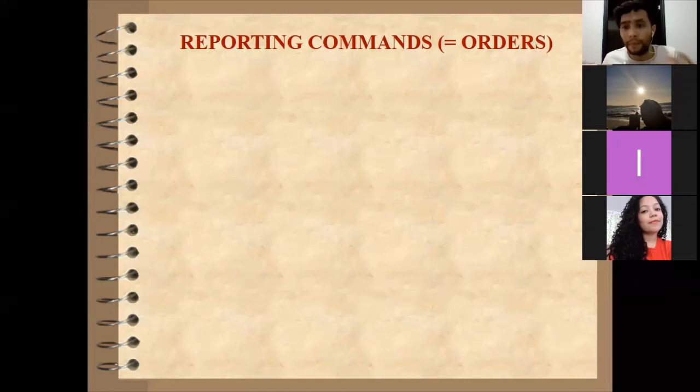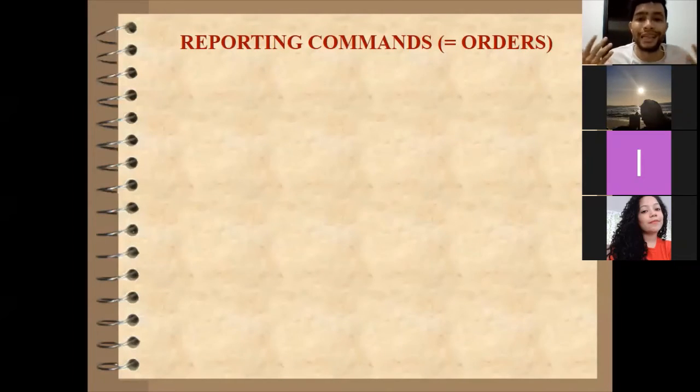Pero cuando se trata de reporting commands, ya saben que un command es una orden. Cuando se trata de reportar o repetir una orden que alguien ya ha dado, la estructura en inglés cambia un poco. Entonces, ya esto sería como esa pequeña excepción a la regla.